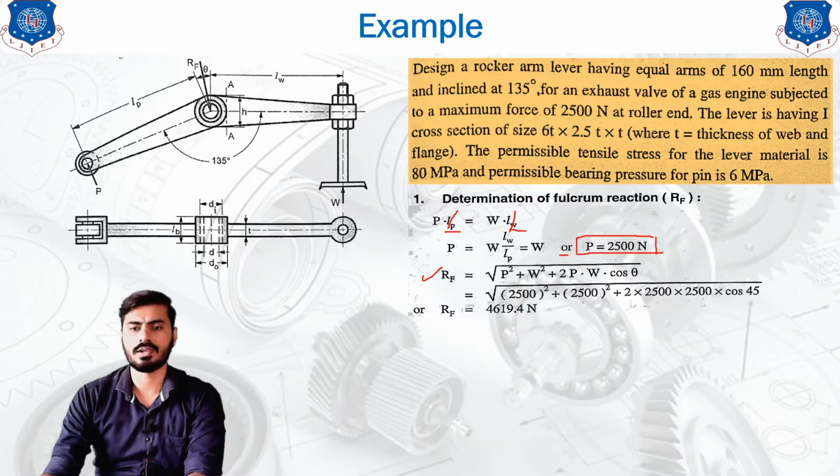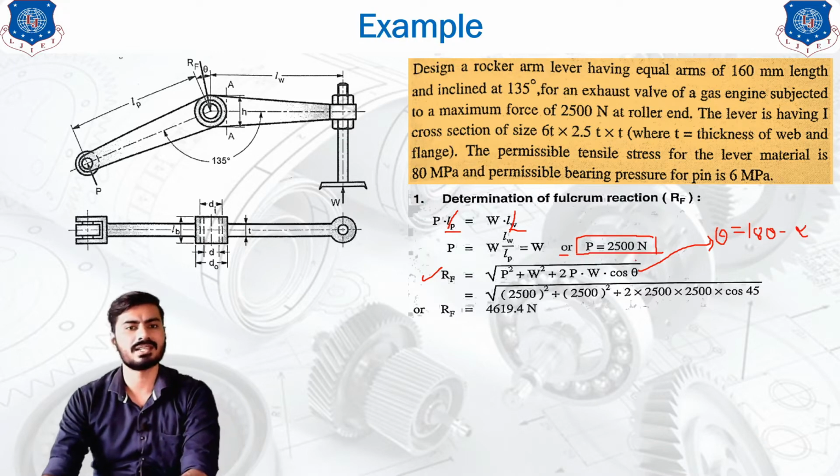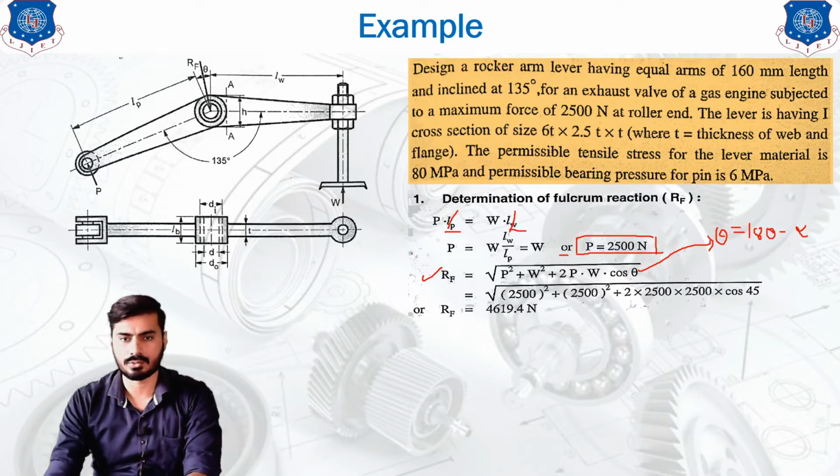Now we will calculate the value of RF. For the calculation of RF, you will need the relation between theta and alpha. Theta can be calculated using 180 minus alpha. Alpha value is given as 135, so if you subtract 135 from 180, you will get the answer of 45. This value is substituted in the equation given below.